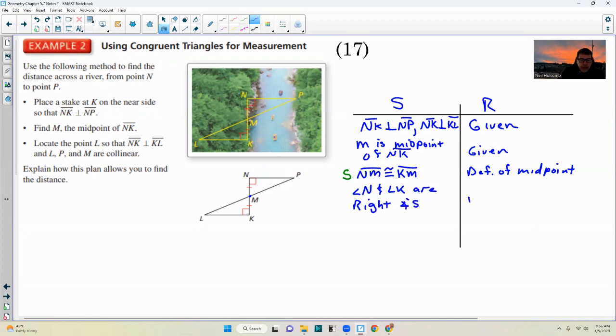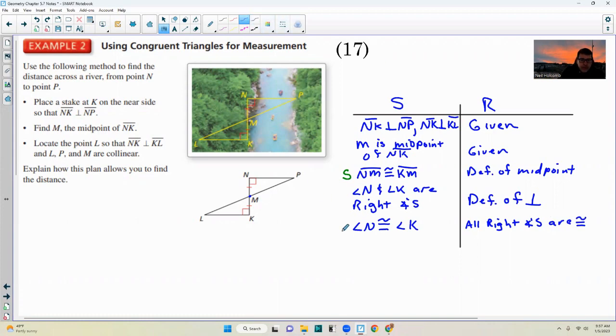Okay, and that's just definition of perpendicular. That came from this given. If you have perpendicular lines, they form right angles. So if N and K are right angles, I can now say angle N is congruent to angle K. And that just is because all right angles are congruent.